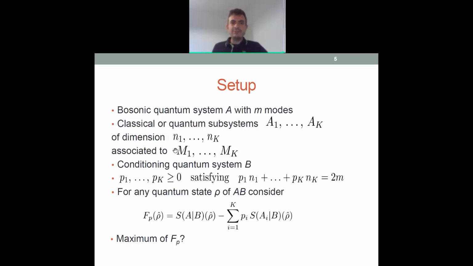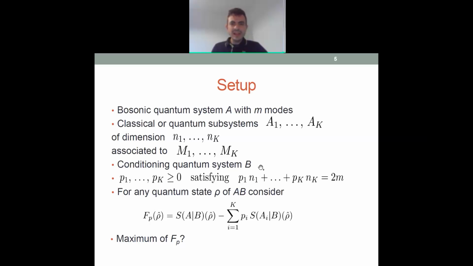And I remind you that each subsystem is defined by some rectangular matrix. We called this matrix M in the previous slide. And here we will naturally call M1 up to Mk the matrices that define these subsystems A1 up to Ak.